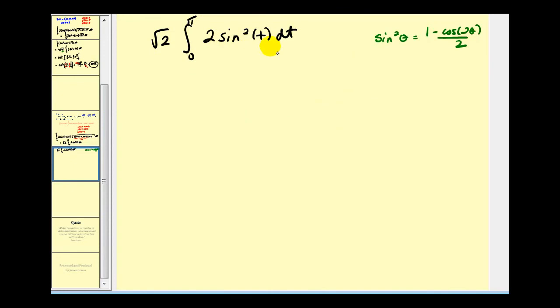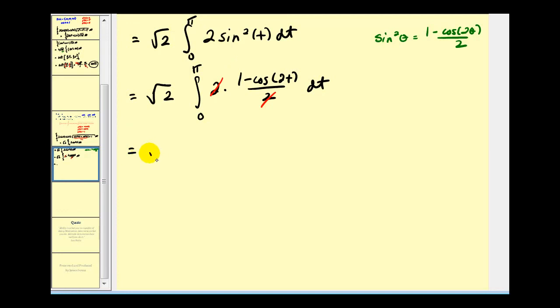Now here we'll have to apply the power reducing formula for sine squared t. Here's the formula here. Notice the 2's here simplify out. So we just have 1 minus cosine 2t dt.